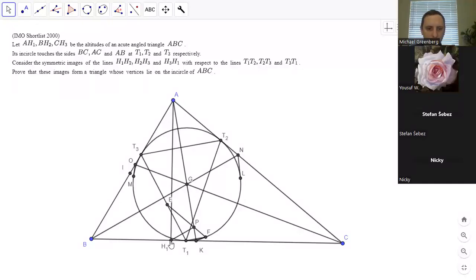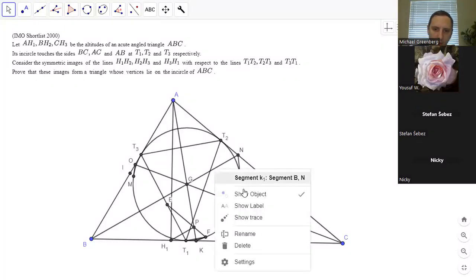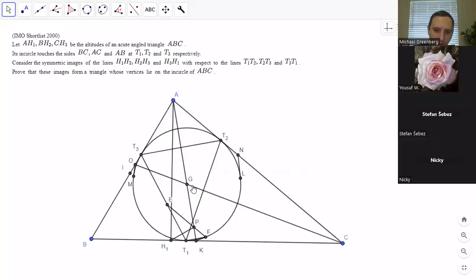Because aren't we just reflecting H over T1, T3, and then we want to show it lies on the angle bisector? Yeah.